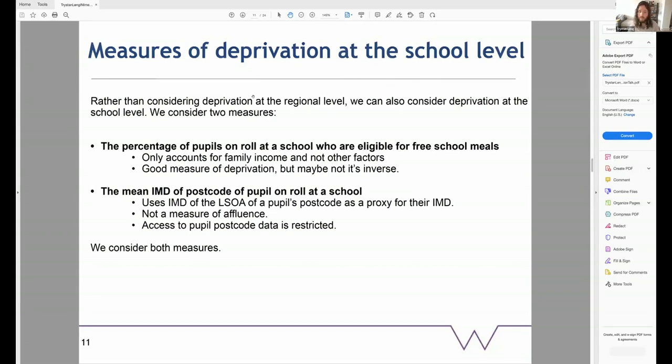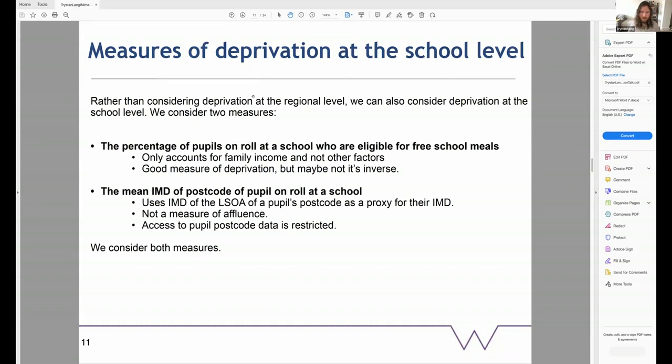Again, the IMD is not a measure of affluence, it's a measure of deprivation in multiple directions. And the limitation is that this sort of data isn't and can't be available publicly.